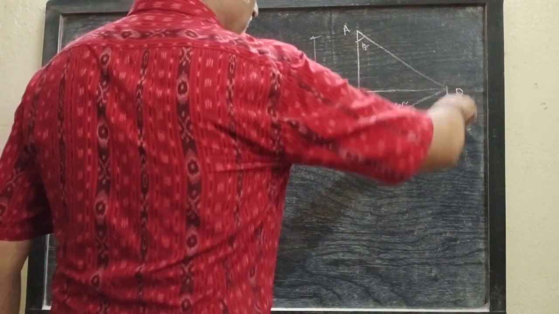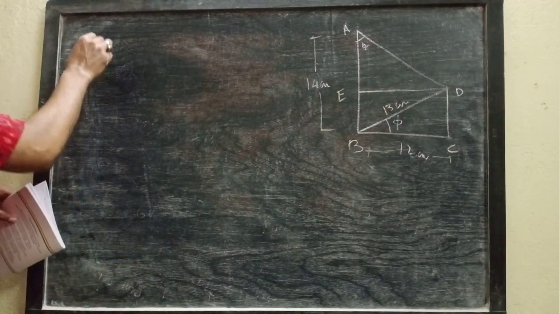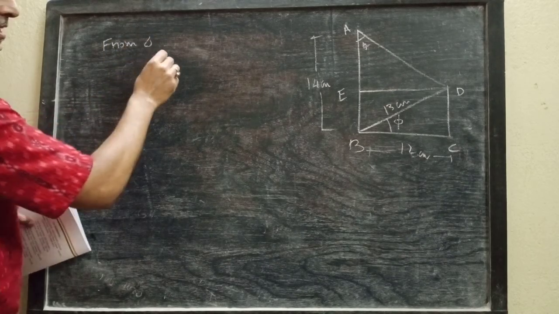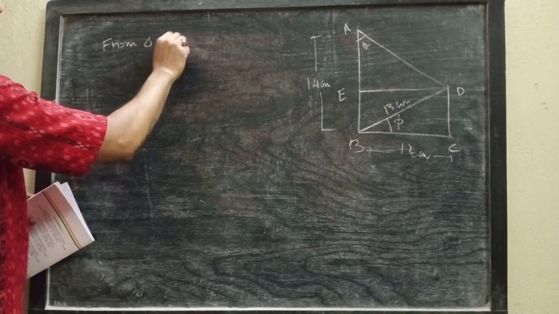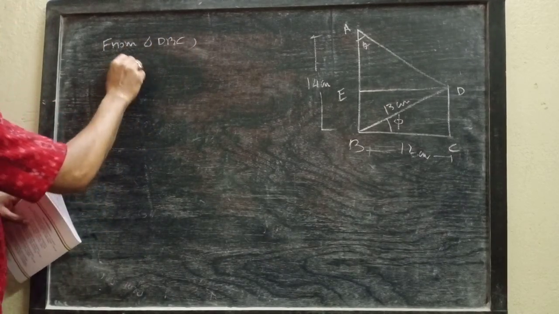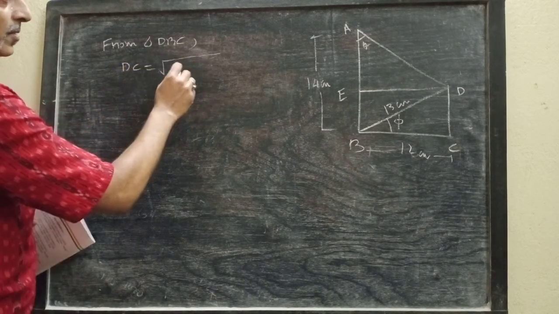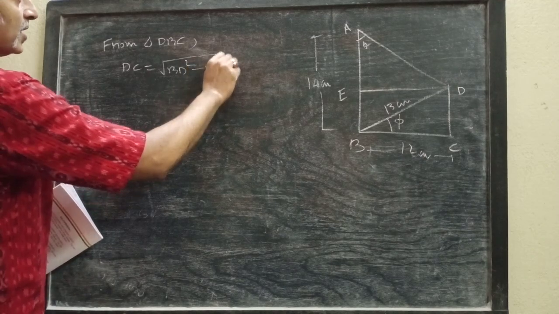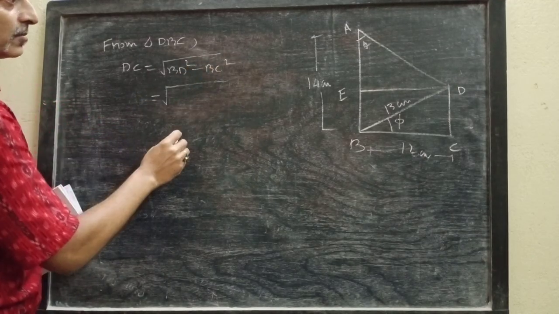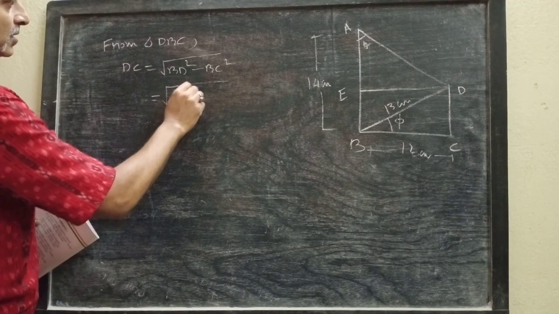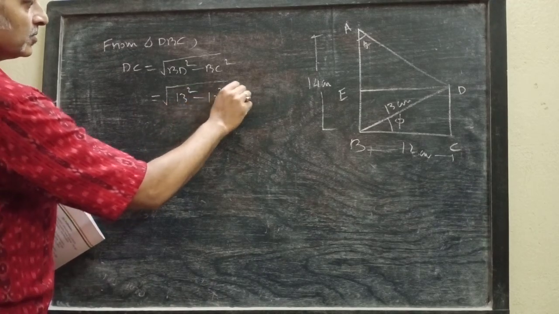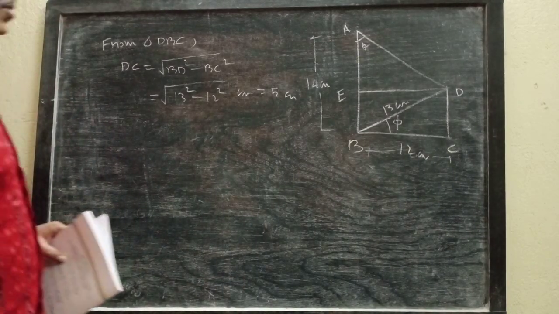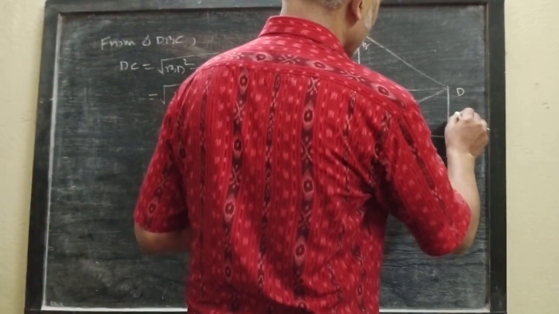Let us first find the length DC from triangle DBC. DC will be root over of BD square minus BC square. Root over of 13 square minus 12 square centimeter, so this will be 5 centimeter. So you got DC as 5 centimeter.